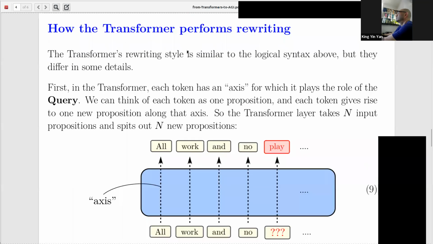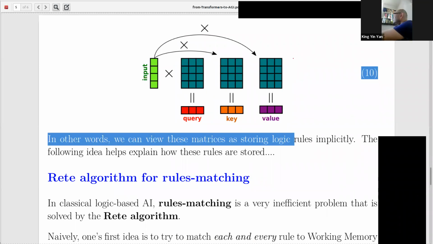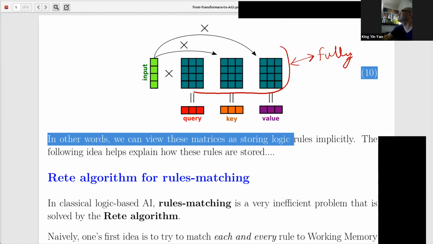You only learn these three matrices, and this replaces the fully connected network, and therefore it is very efficient for self-attention.